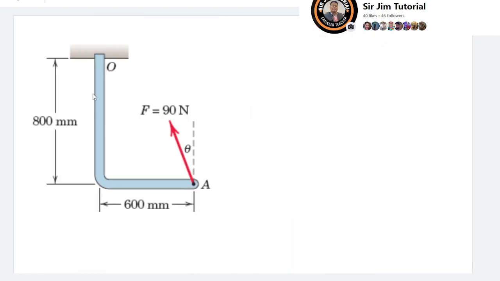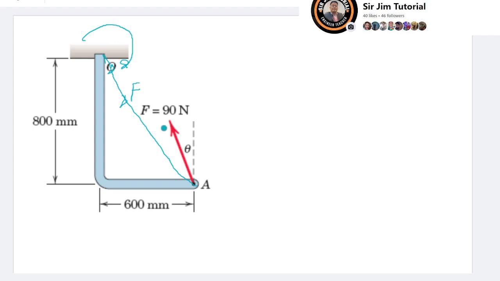So, when moment is equal to 0, it should be that the force has no perpendicular distance with regards to the rotation. So, in other words, if this is your rotation, force should go directly towards here, so that there will be no moment arm.